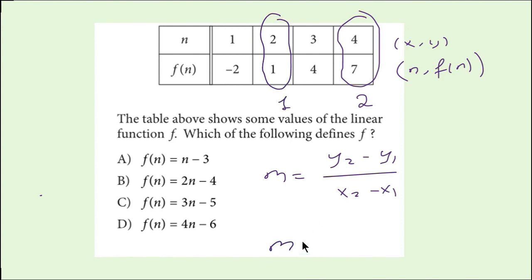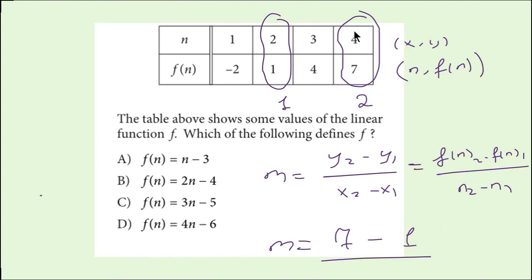Alright, now let's find the slope. M is equal to, well, here we got y, but we can convert it to f of n2 minus f of n1 divided by n2 minus n1. So f of n2 is 7 and f of n1 is 1.